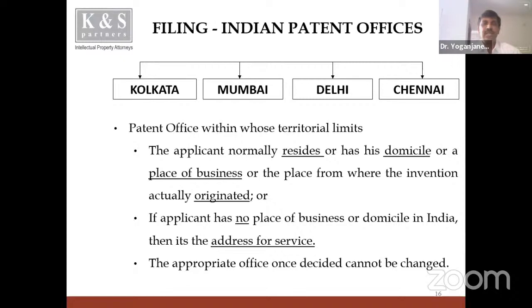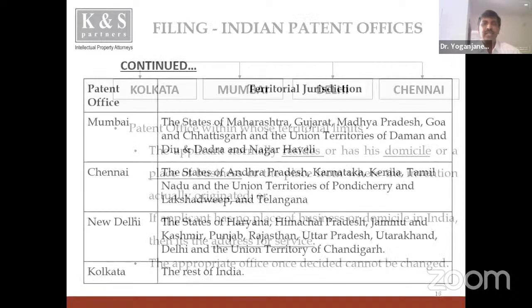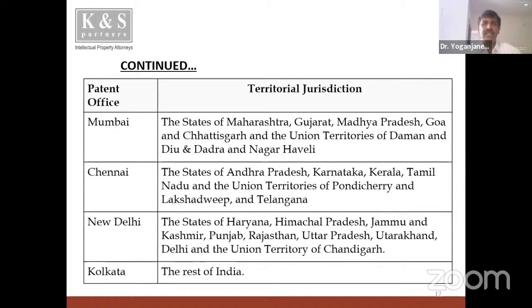So let's see a few examples. For example, Mumbai patent office jurisdiction will be for the state of Maharashtra, Gujarat, Madhya Pradesh, Goa, Chhattisgarh, and Union Territories of Daman and Diu and Dadra Nagar Haveli. All these applicants can file application in Mumbai.